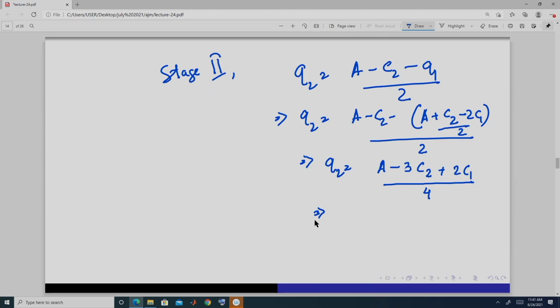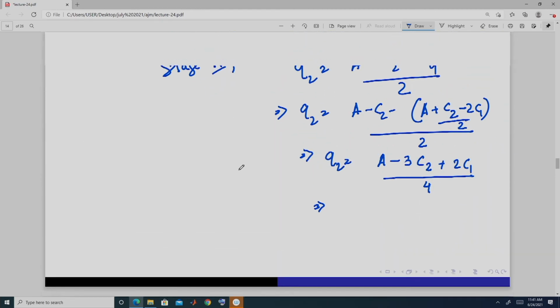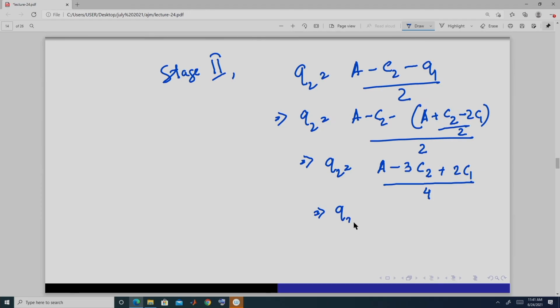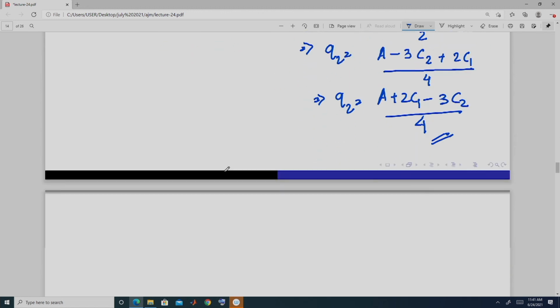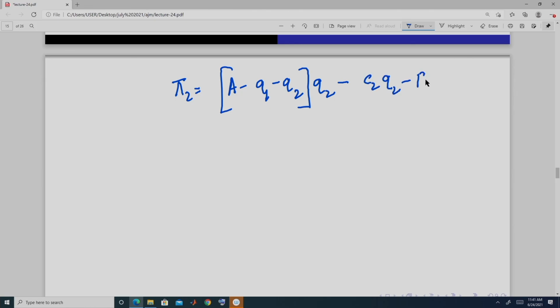We write Q2 is equal to this. And so, now the profit of firm 2 in stage 2 is this.